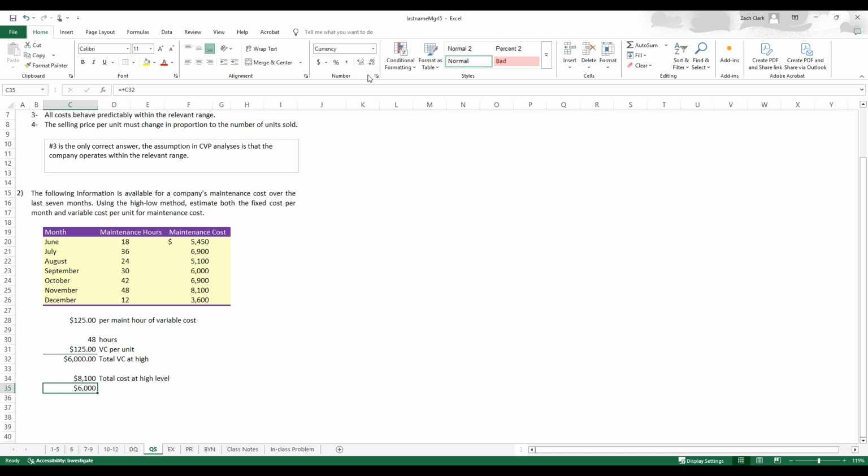And then we just want to take the difference between the two to get our fixed costs. And that would be the difference of $2,100.